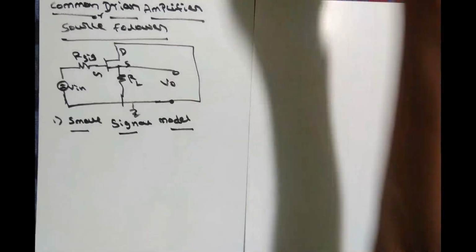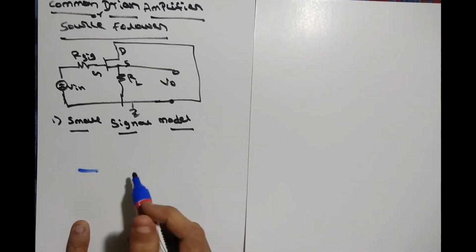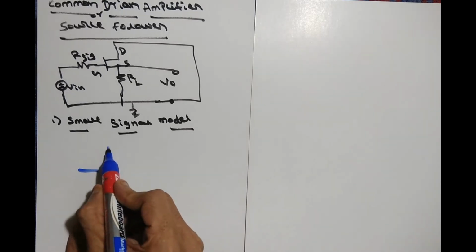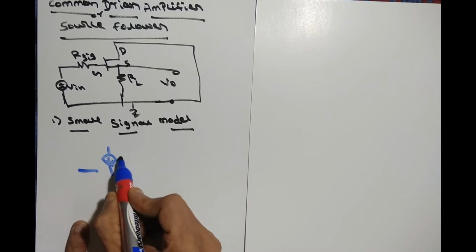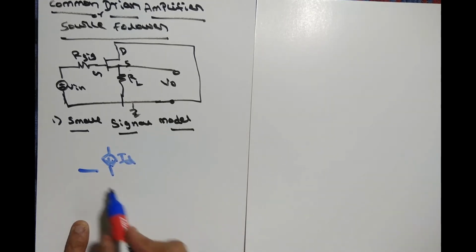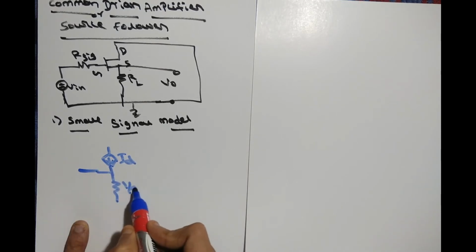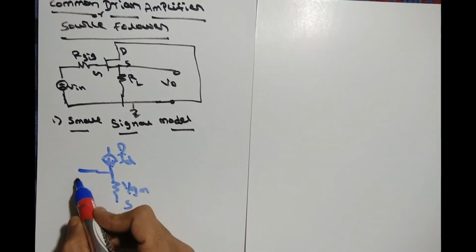What you get is this: the gate portion stays as it is. From the drain there is a current, which we call ID. After that we have one resistance at the source, which is 1 by gm. So this portion is the source, this is the drain, and this is the gate.